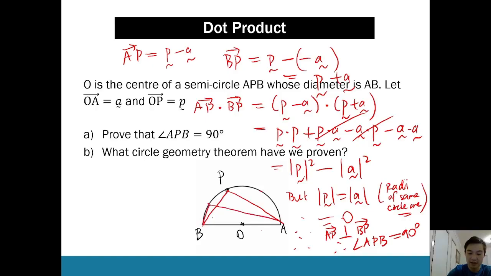It could have been here or here. No matter what you do, you're going to get right angles. If you ever did circle geometry in junior school, like in year 7 to 10, you'll know that in a semicircle, the angle subtended at the circumference by the diameter is a right angle. So that's the circle geometry theorem we've just proven, which is really cool, using vectors to do that.